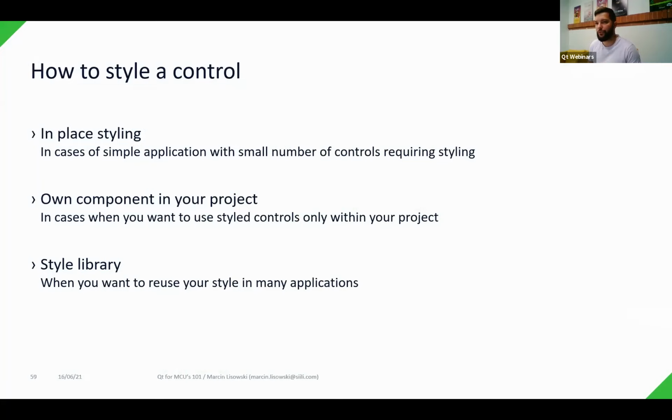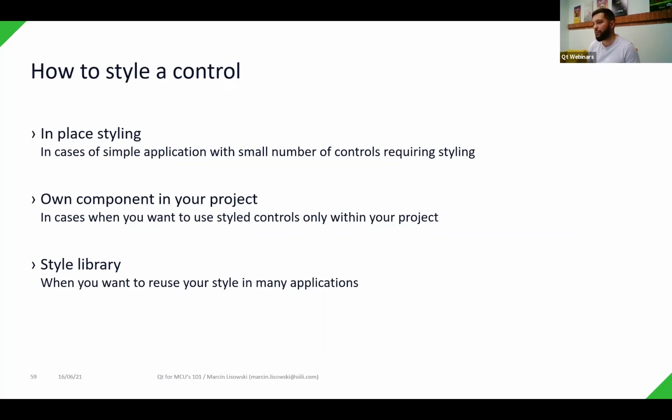You have a few ways of doing that, and the first, most simple thing is to provide in-place styling. So each control has properties that define some pieces of it, like the background or the content and so on. And you can just override those properties with your implementation in the place where you are using that control. That's probably a good way if you are going to style one control exclusively in a single place.